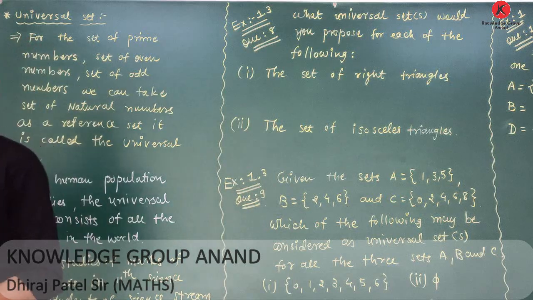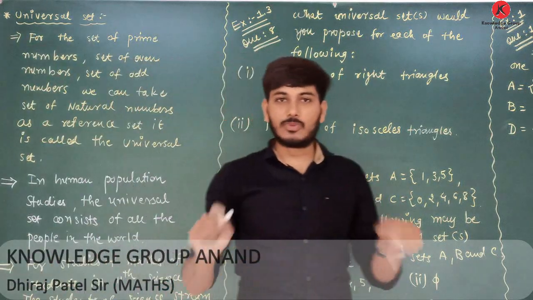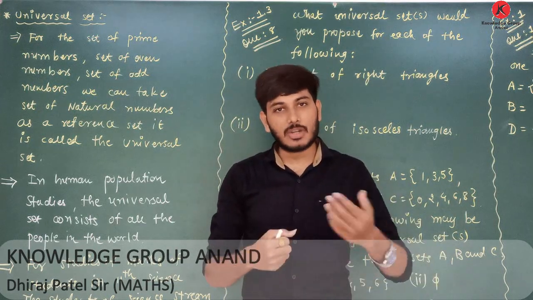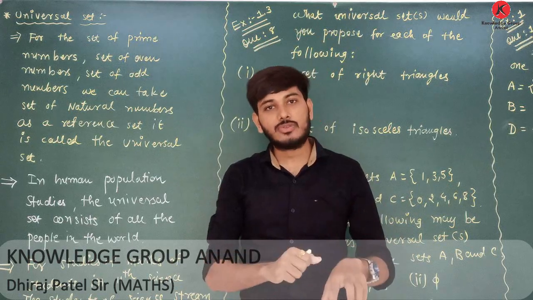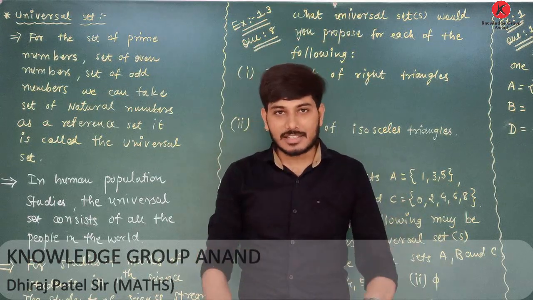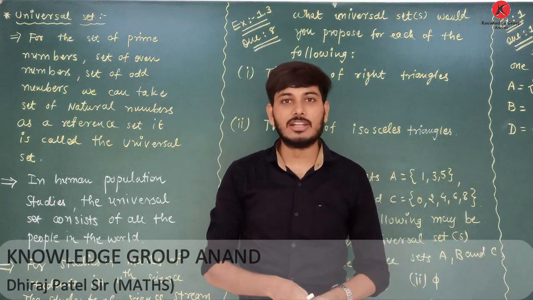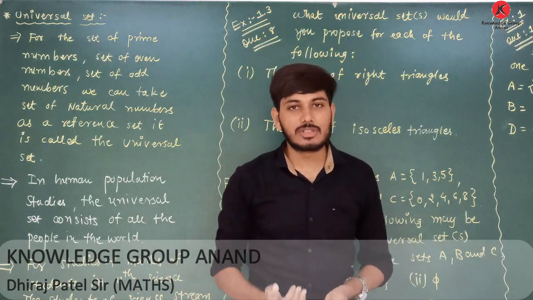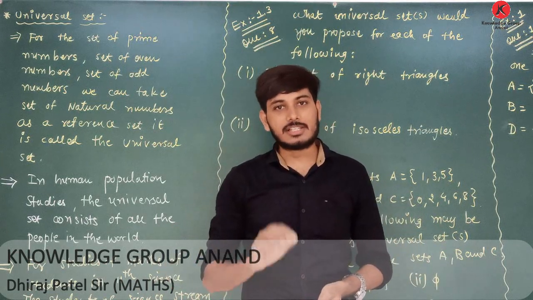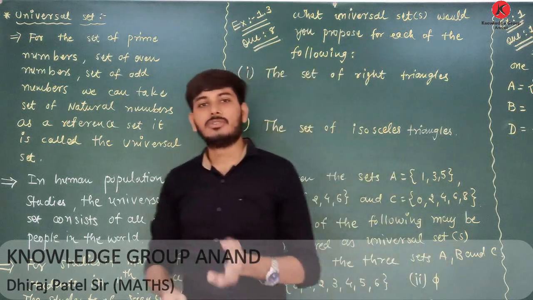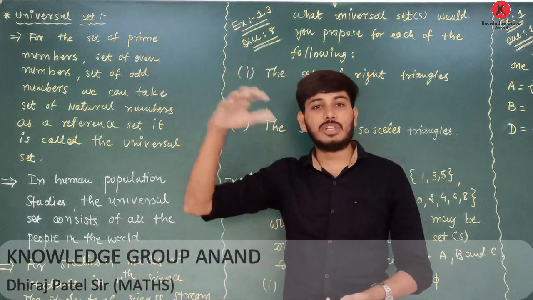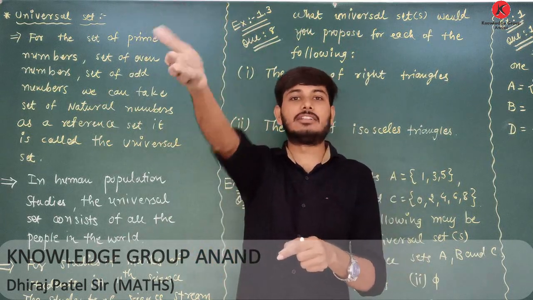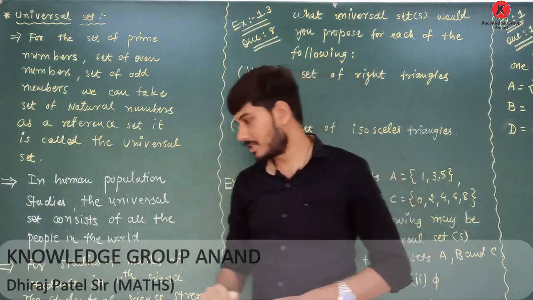Next, if we are discussing the results or marks of 11th science in any subject, we have the reference set, the marks of the total 11-12 science stream. This is the reference of our set. Therefore, the total marks or results of the science stream is our universal set. That means we have to consider that set which has all the elements of the given sets. This is our universal set or reference.